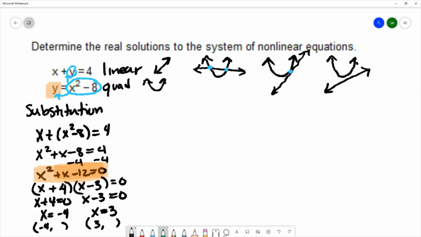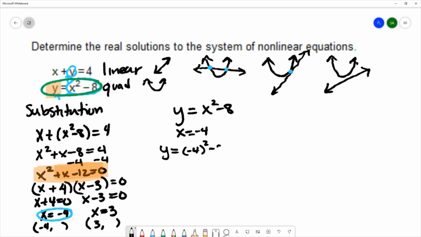So I'm going to use this equation here, which has y solved for, y equals x squared minus 8, and with an x value of -4, I can see that y would equal -4 squared minus 8. That's 16 minus 8, which is 8. So now I have one of my solutions, which is -4, 8.